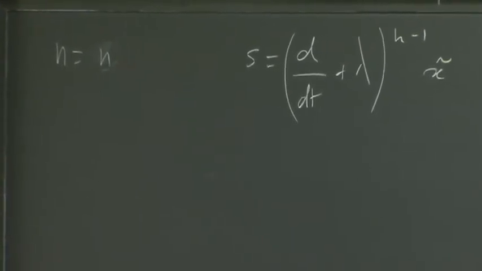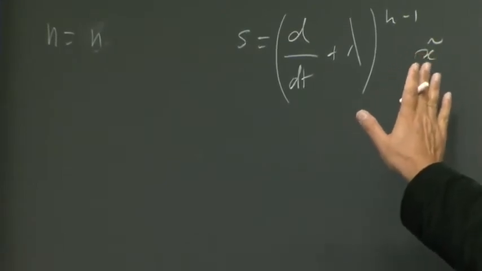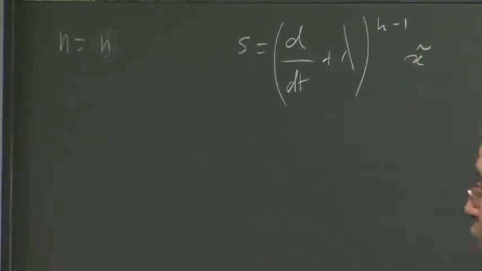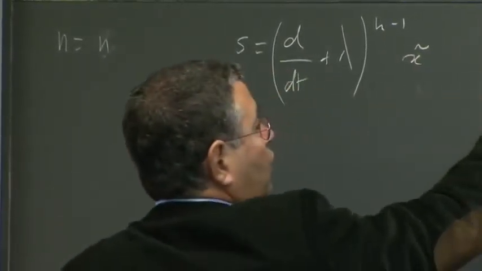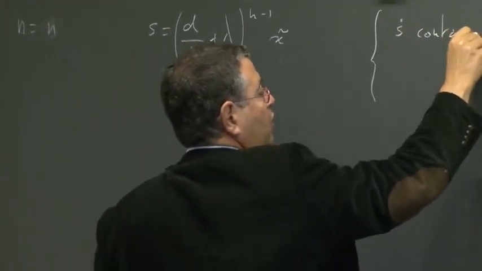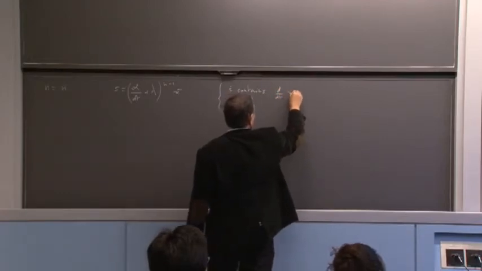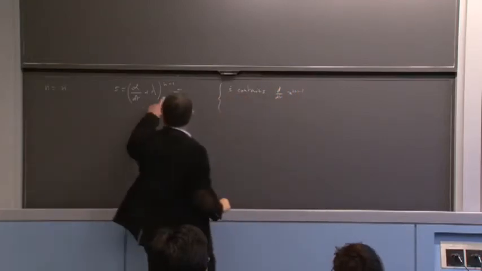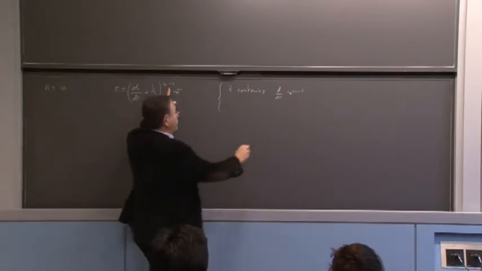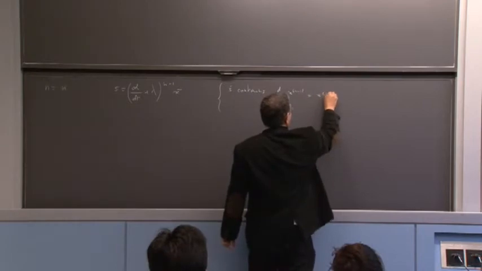So for an nth order system, this reasoning will be exactly the same. Namely, S dot contains d over dt of x to the n-1, because S contains x tilde to the n-1, so S dot contains x to the n.